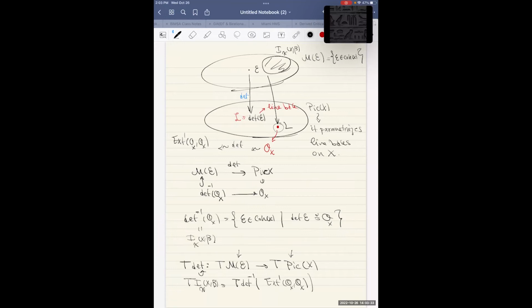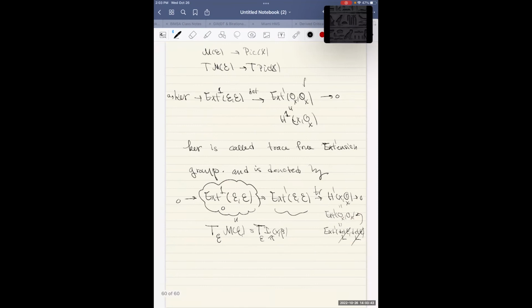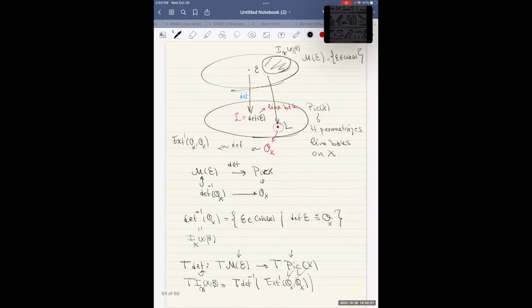If this was L, this was Ext(L, L), but line bundles are invertible, so they cancel each other. You're still left with H^1 of O_X. So this part is exactly going to be the same. So as soon as you're looking at the sublocus of the moduli space of coherent sheaves for which the determinant of E is L, the deformation theory of points on that space is not given by Ext^1 anymore. It's given by trace-free Ext^1.